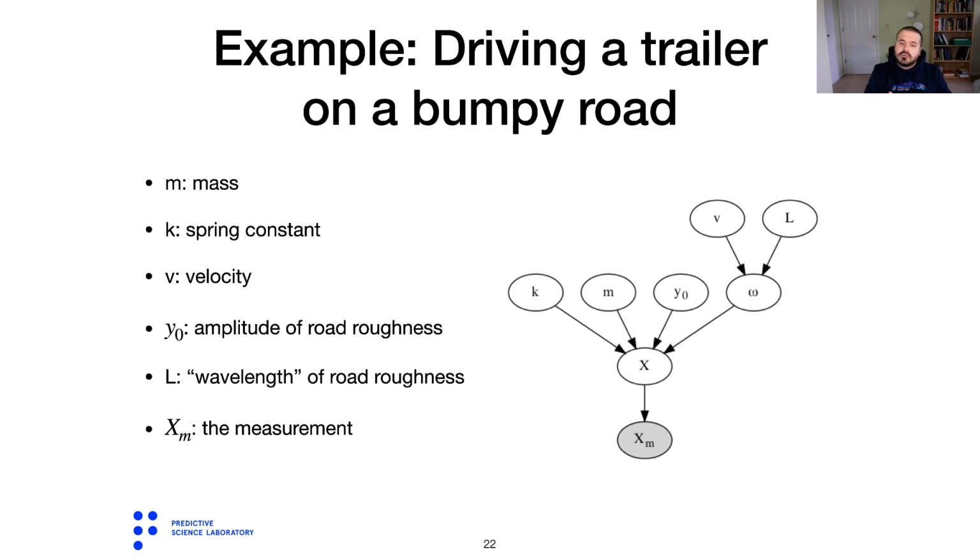By observing the maximum amplitude of the oscillation of the suspension, you can infer y naught and l, or update your state of knowledge about them, because it may actually be impossible to tell what they are exactly.